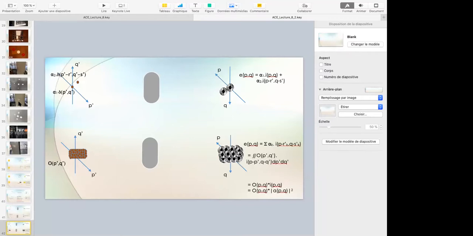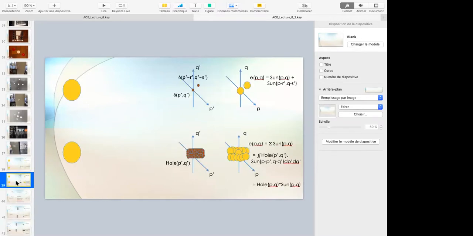And the convolution of the true sky brightness distribution with the narrow one. Maybe slide 39. Right, I think that's the image.